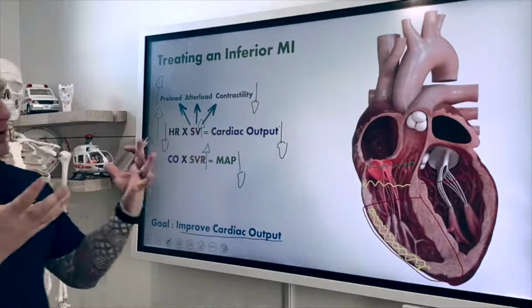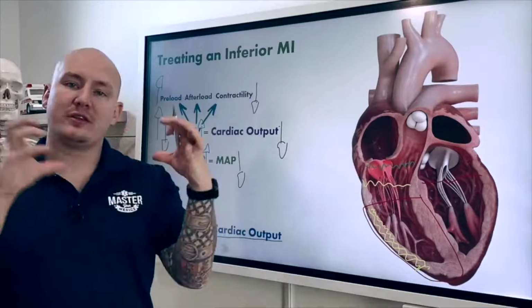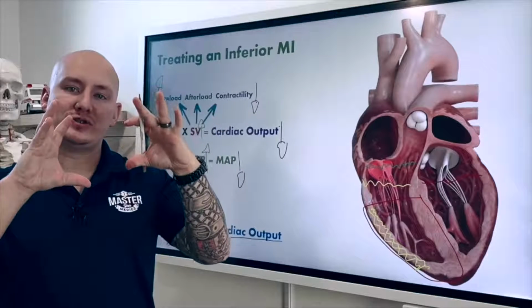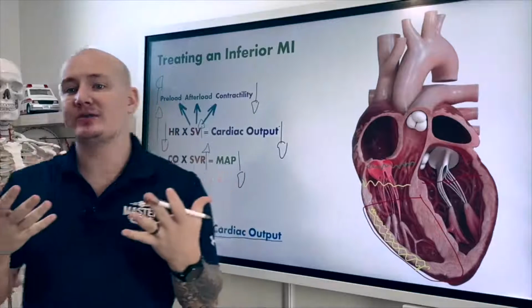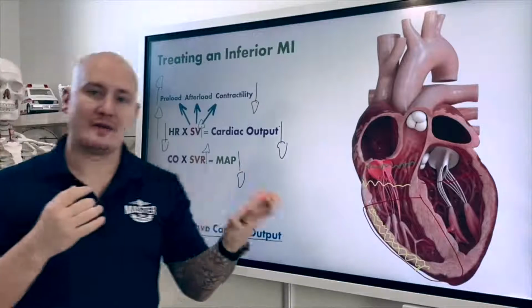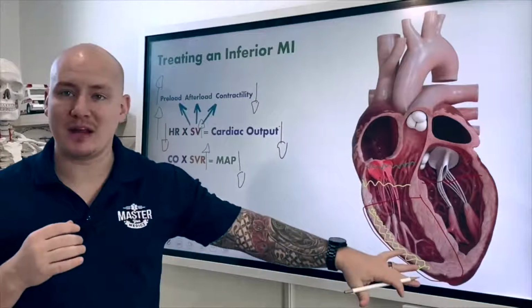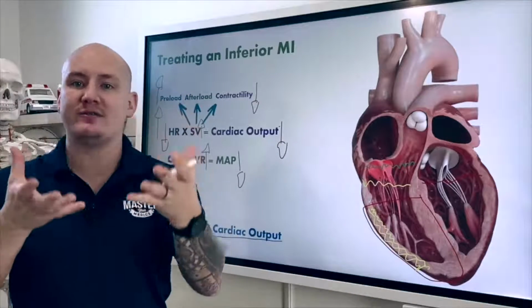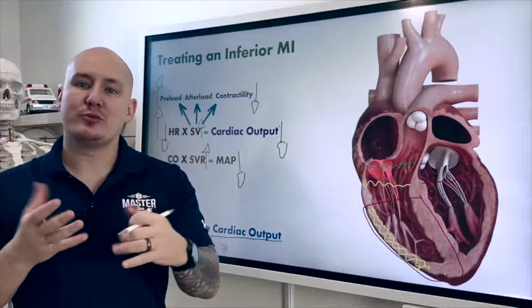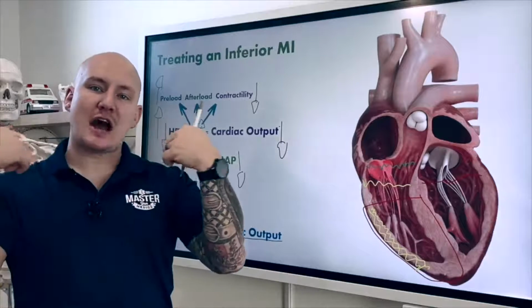And the nice thing about increasing preload is that we're going to have a positive effect on Starling's law. Not a great effect because we know those muscles are damaged, but when we increase the volume inside a ventricle prior to contraction, we stretch out myocytes.